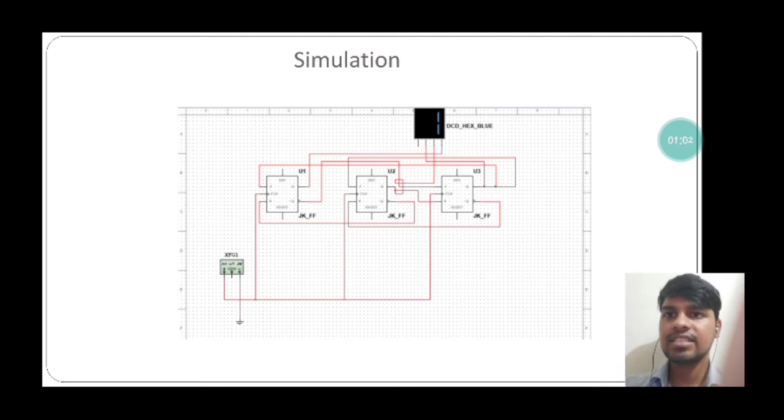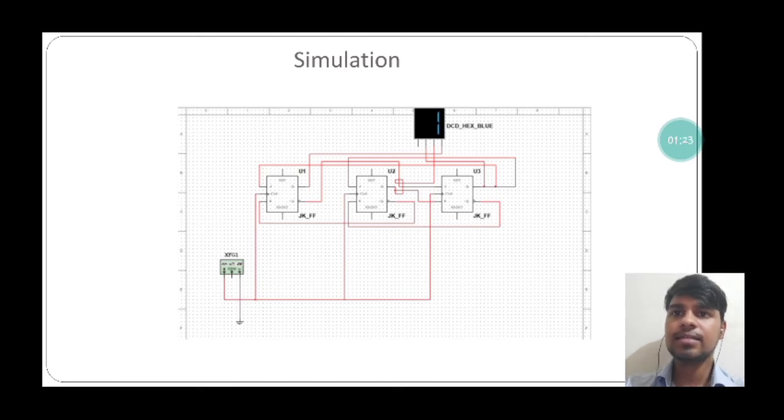After that J1 is connected with Q2 and K1 is connected with Q2 bar, and we get output from Q1 and it is connected with the DCD hex blue counter.